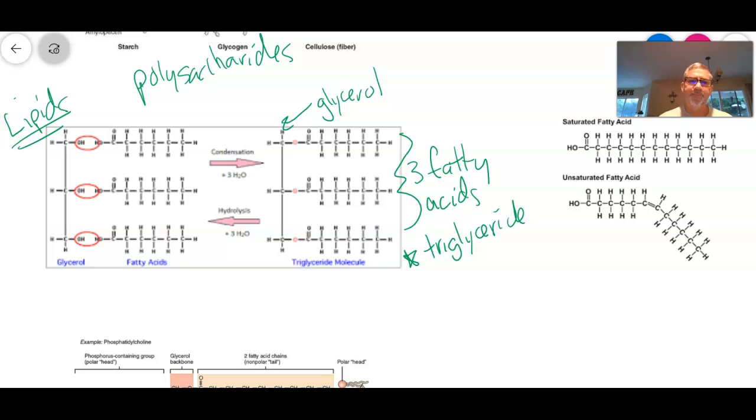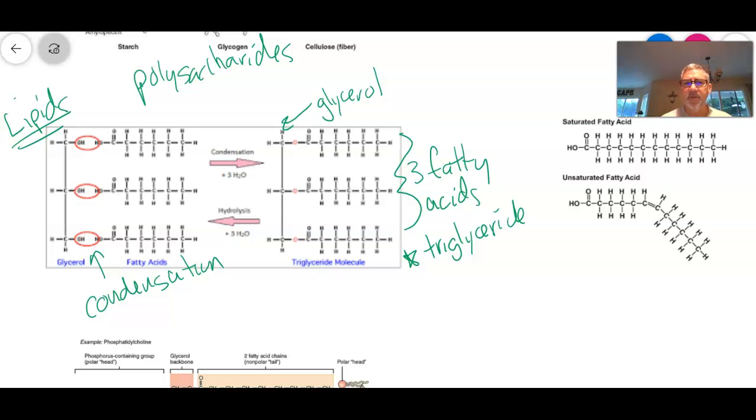Okay, so remember this is formed again by condensation. So another condensation reaction or dehydration synthesis that joins it.